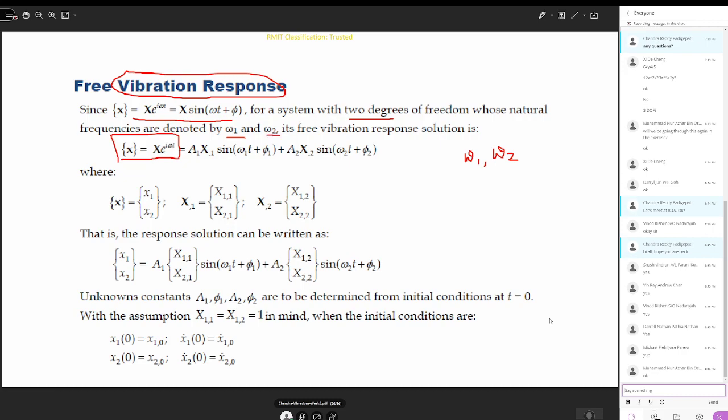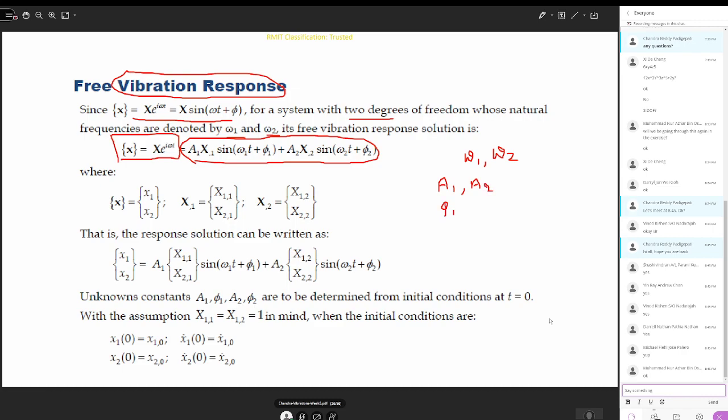So let us assume that the response can be written as a1x1 into sine omega 1 t plus phi 1, plus a2x2 into sine omega 2 t plus phi 2. What are the unknowns here? A1, A2, then phi 1, phi 2. So you need to get the A1, A2 values and the two phases phi 1 and phi 2.